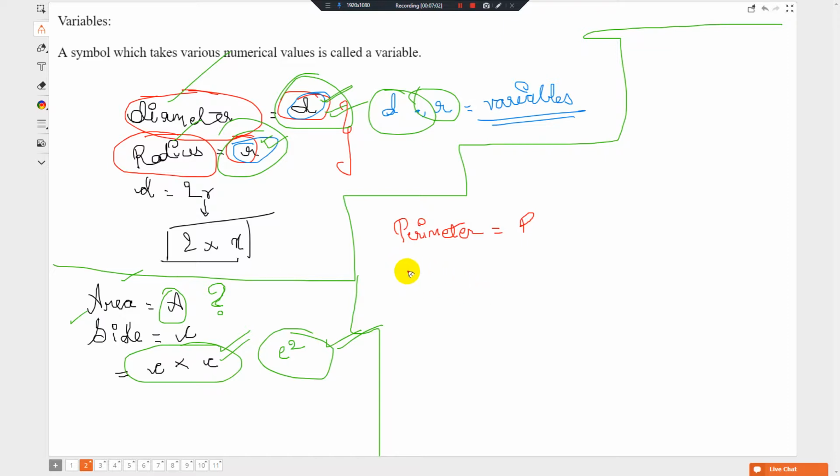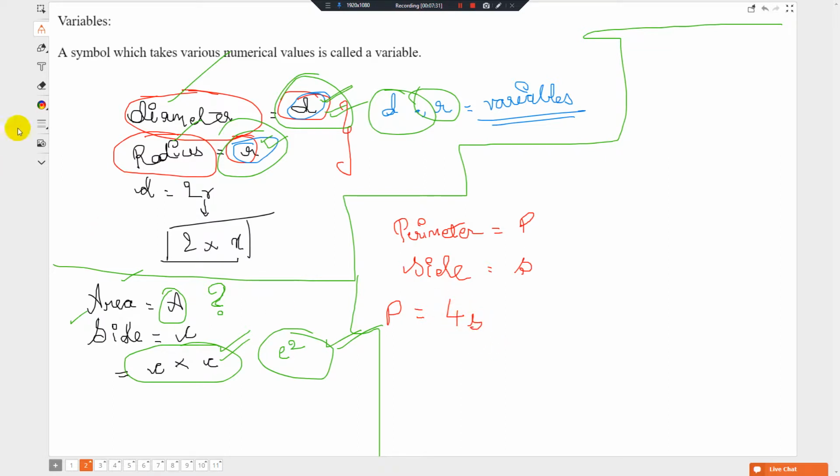So if one side of a square is s, what will P be equal to?